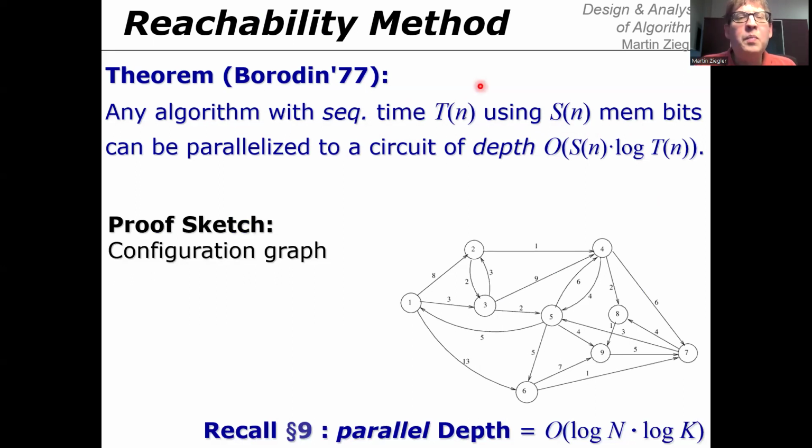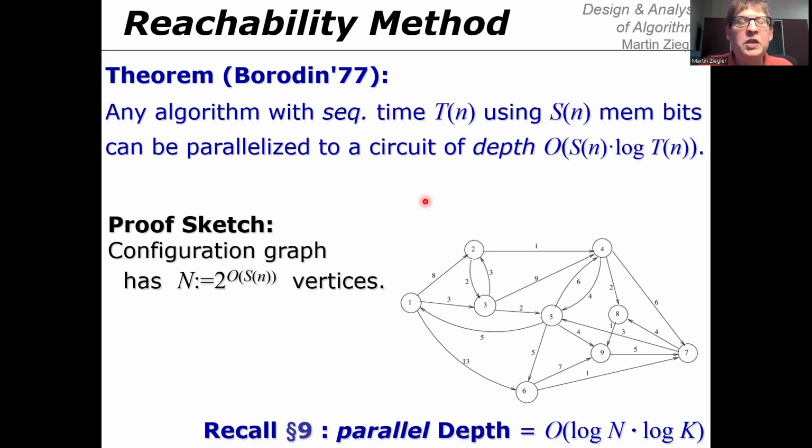We'll say more about the configuration graph on the next slide. For now, let us just record that whenever the algorithm has memory use S of n, then the corresponding configuration graph has 2 to the O of S of n vertices. So exponentially many vertices, exponential in the memory use.